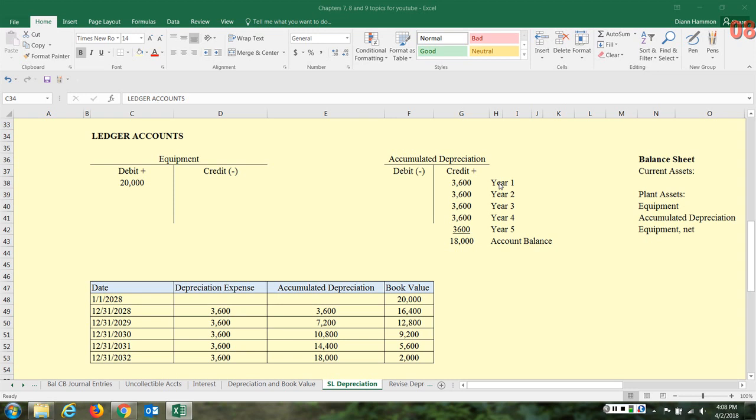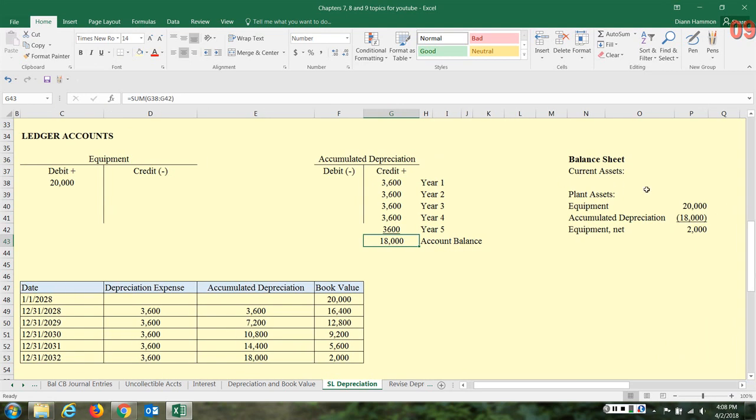The depreciation expense is debited, accumulated depreciation will be credited. Year 1, year 2, 3, 4, 5. So at the end of year 5, the total amount that has accumulated in this accumulated depreciation account is $18,000. And that's really just where we want it to be because remember over on the right hand side, this is where the company wanted it to be with the residual value.